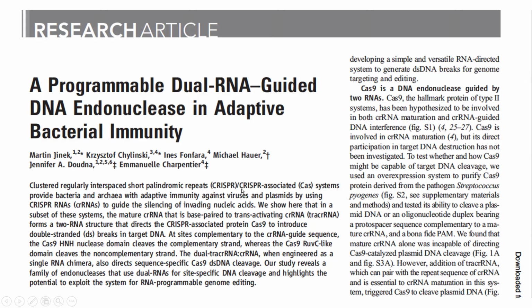CRISPR and the CRISPR-associated protein, that is Cas, were discovered in bacteria and archaea as the adaptive immune system against viruses and plasmids, because bacteria and archaea are also attacked by viruses. So these prokaryotes, over the evolutionary process, fought back against viruses and plasmids.